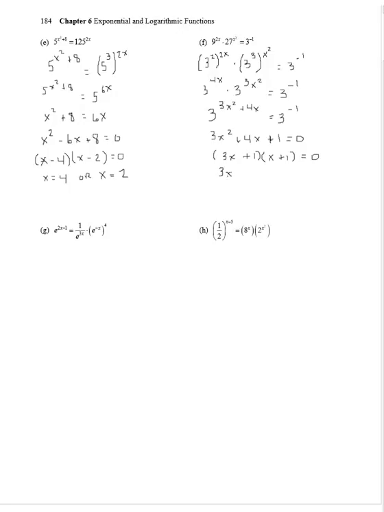So 3x + 1 = 0, or x + 1 = 0. So 3x = -1. So x is either -1/3 or x is -1. And again, you should check those, but they will work out.